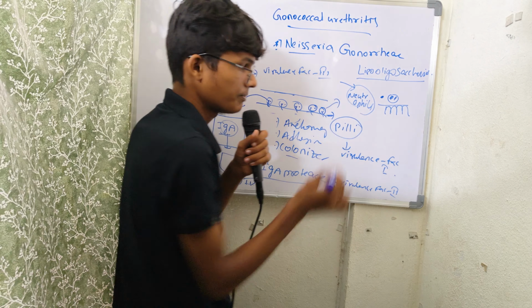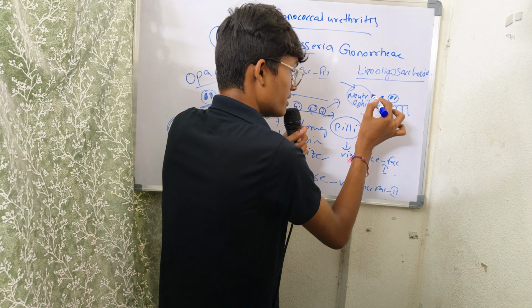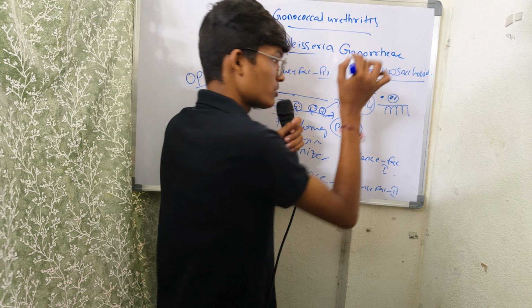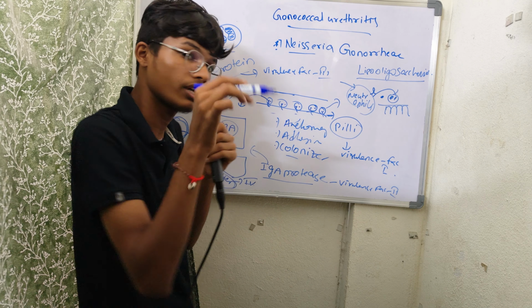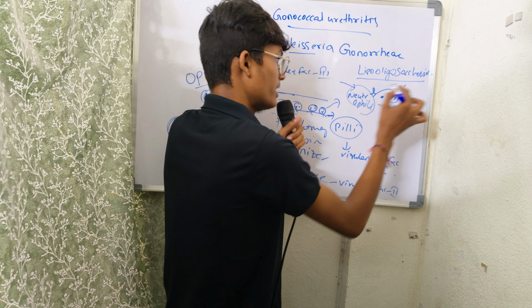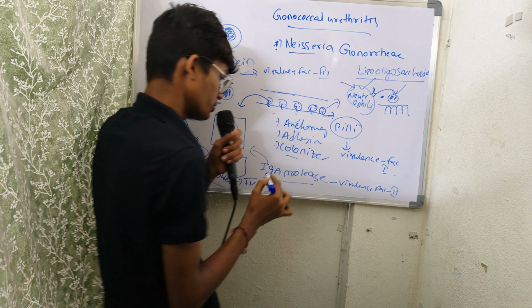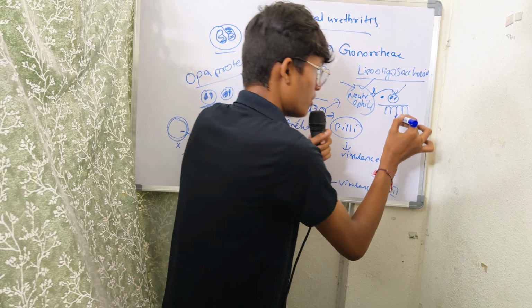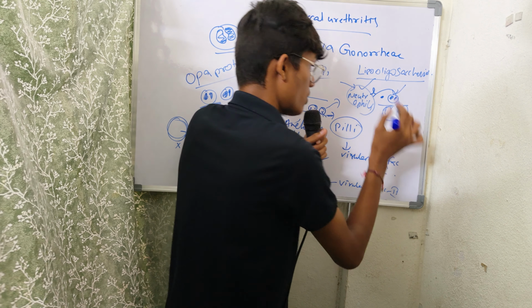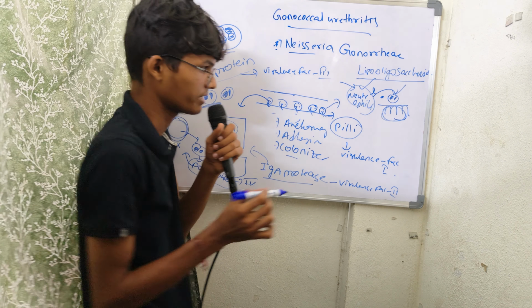Whenever the neutrophils come here, some of the neutrophils die, some of the Neisseria gonorrhoeae die, and some of the normal tissue also dies due to the inflammatory reaction.